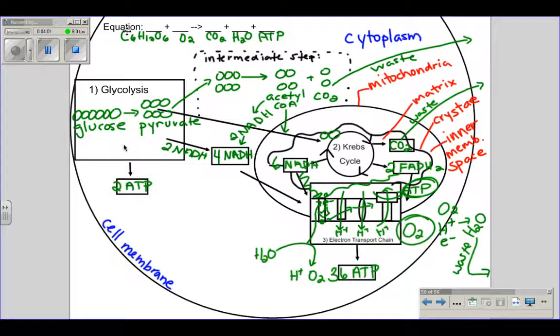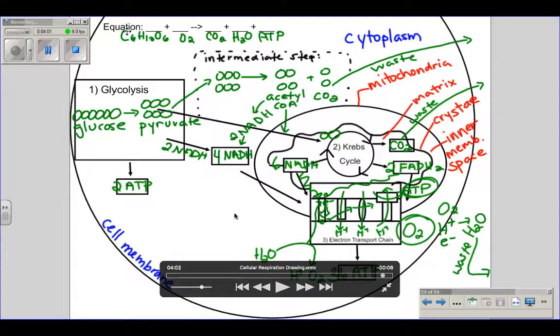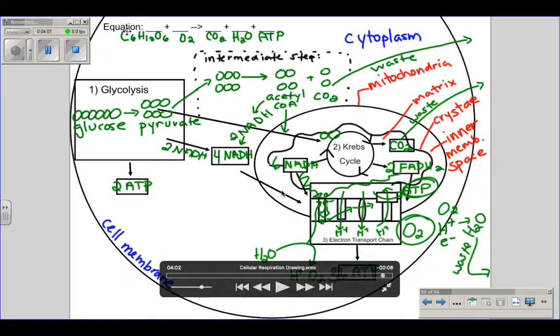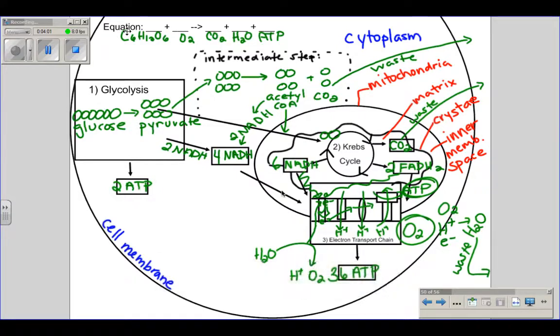There's a bunch of different processes that need this energy, and without this regular cellular respiration, which I would call aerobic because oxygen is present here, we would not be able to move. Or we could move very inefficiently if we didn't have oxygen present. So cellular respiration is basically keeping you alive every moment of every single day.